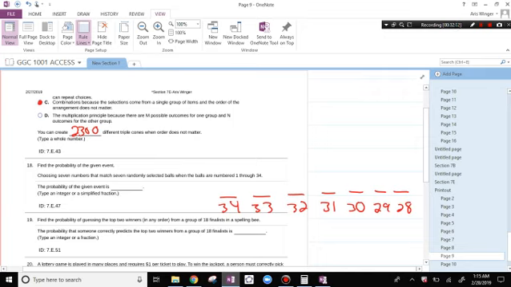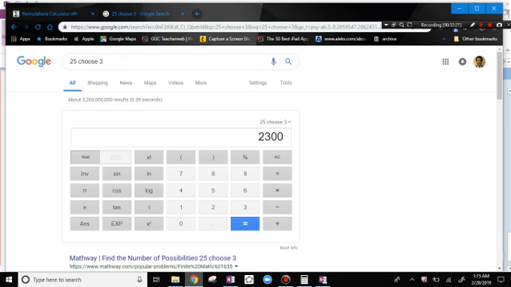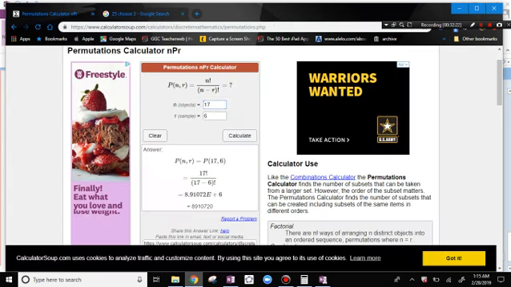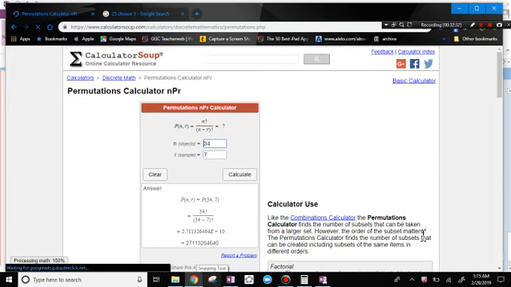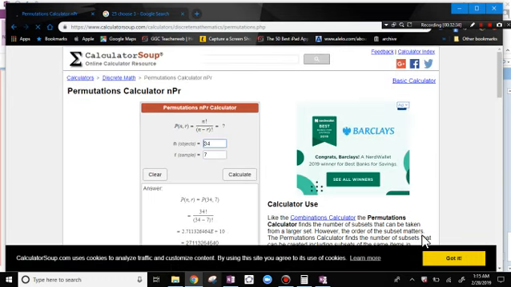Or we can just go ahead and use the P calculator, that this is 34P7. Either way, you're going to get the same number. I think I'm going to go the internet route, 34P7.